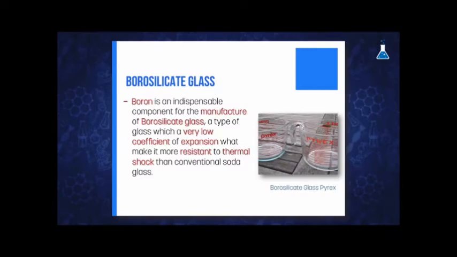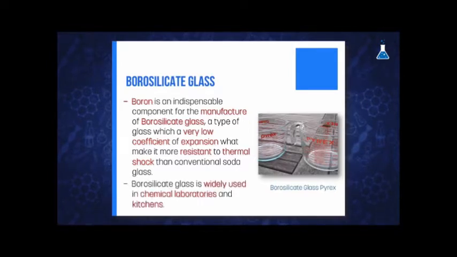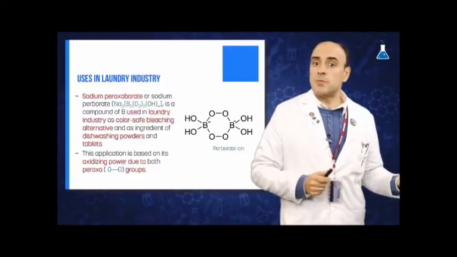Other applications. Borosilicate glass is a type of glass with a very low coefficient of expansion, making it more resistant to thermal shock than conventional soda glass. It is widely used in chemical laboratories and kitchens.